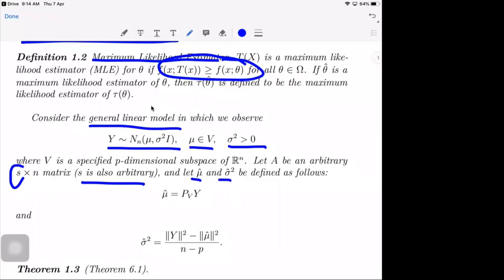And mu hat and sigma hat squared are as defined earlier in chapter 1.